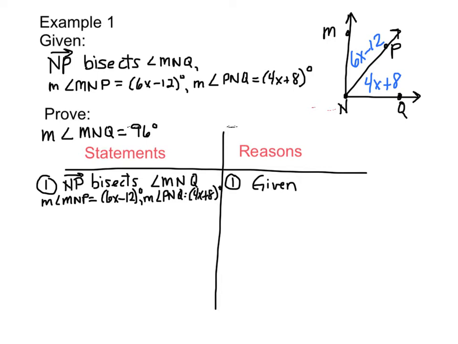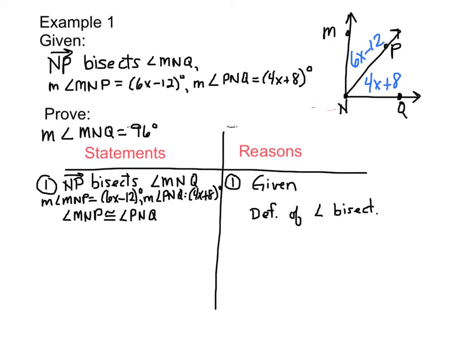You're going to have to start off by saying that angle MNP is congruent to angle PNQ. Why are those two angles congruent? Because, back on page 23, you learned the definition of what? Angle bisector.